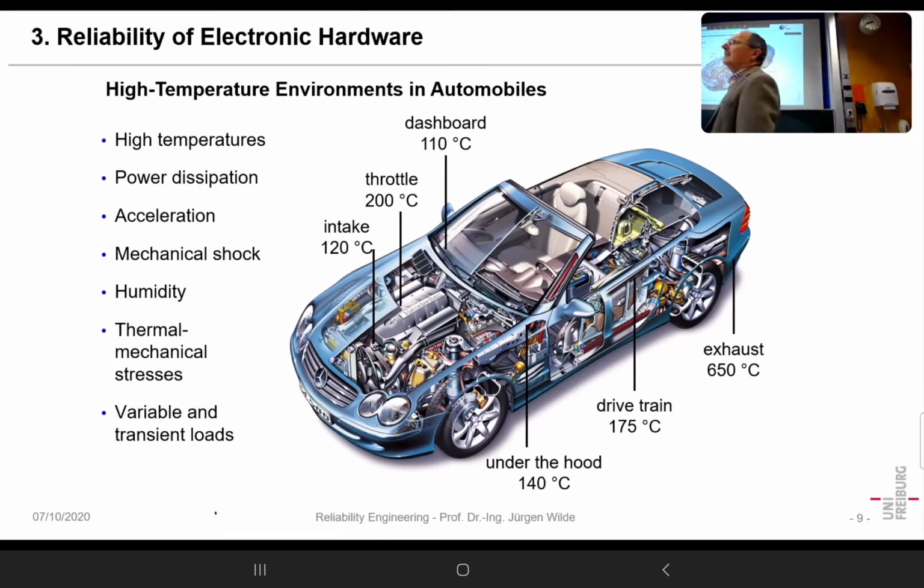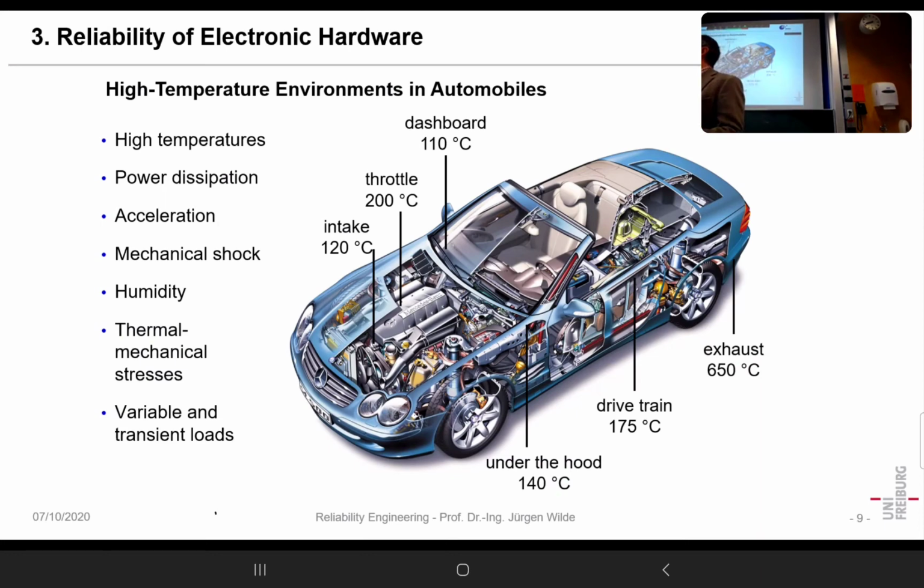Often it is a problem, not the operation, but when you shut down the car, in most cars you don't have any more cooling. So the heat which you had and which was taken away now distributes.